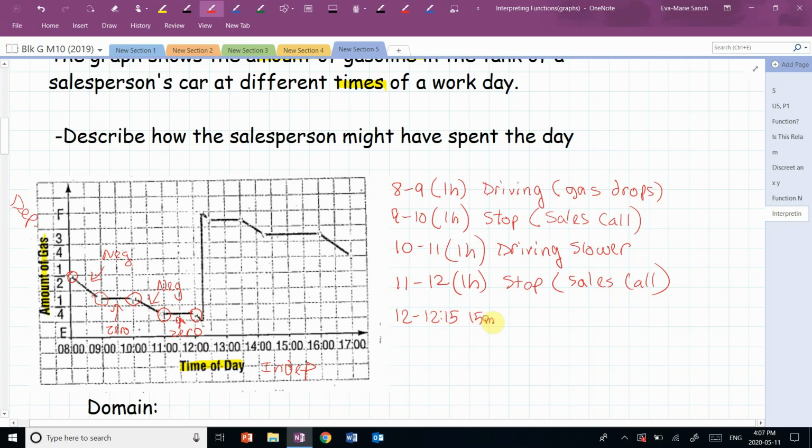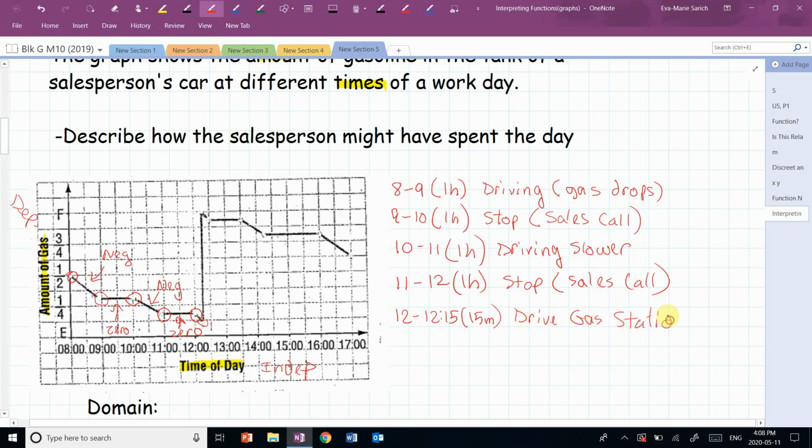That's a 15-minute drive. And then the car has all of a sudden had the gas jump up. So what do you think has happened? Likely, this salesperson has taken that 15 minutes to drive to a gas station.